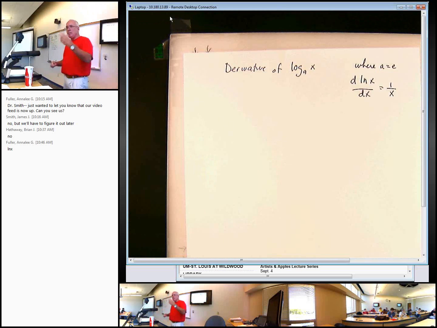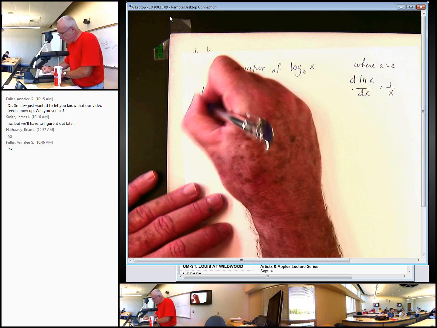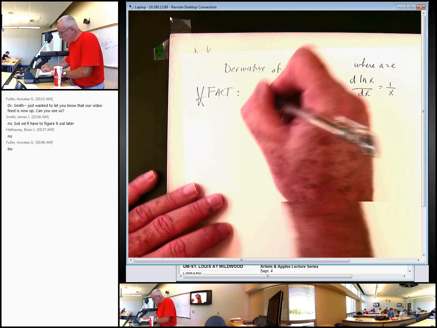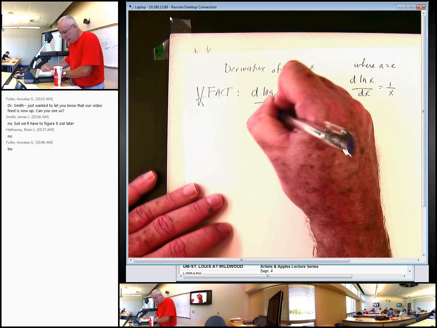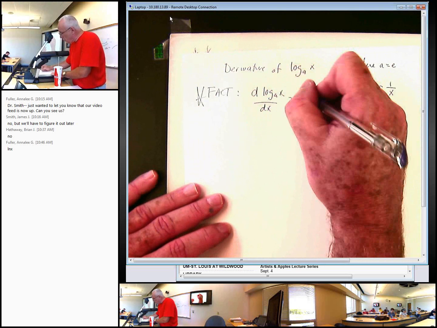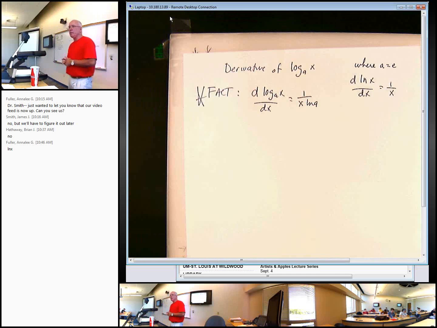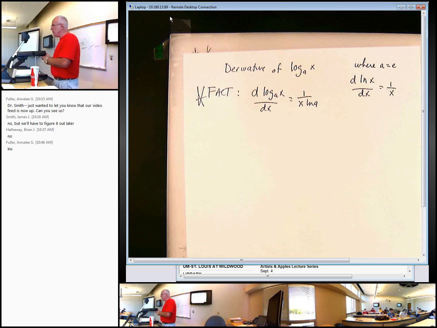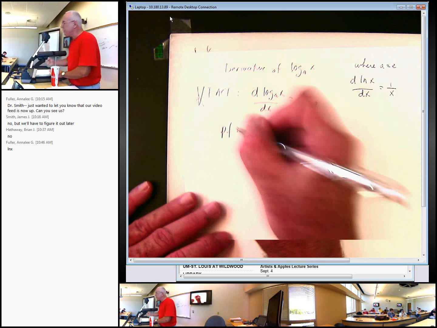Here we're talking about where a can be any positive number. Now, the fact you need to remember is this: the derivative of log base a of x is equal to 1 over x times the natural log of the base. And there is actually a very fast, straightforward proof of this.